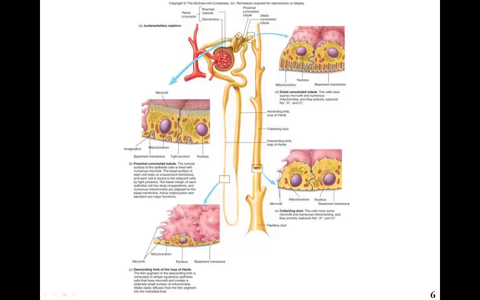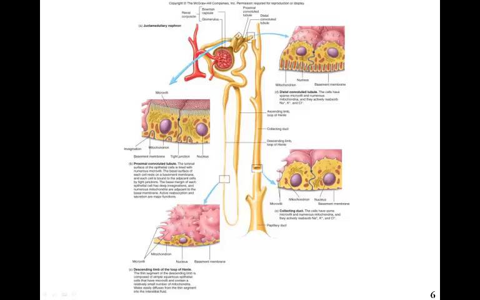So they're cuboidal, and so they have a decent amount of cytoplasm, and that's because these are cells that do quite a bit of work. So they're cuboidal rather than, say, squamous.